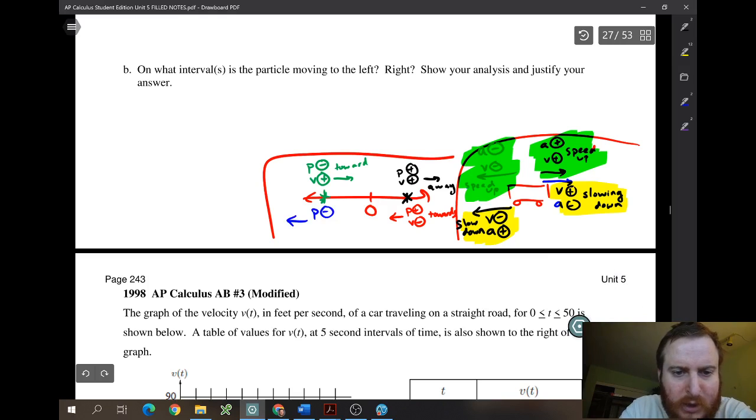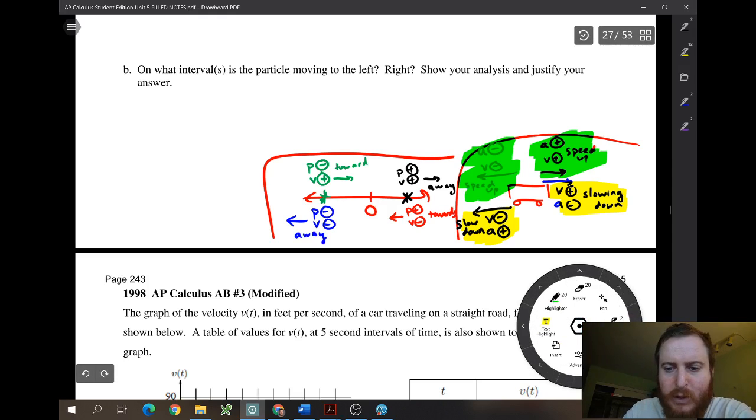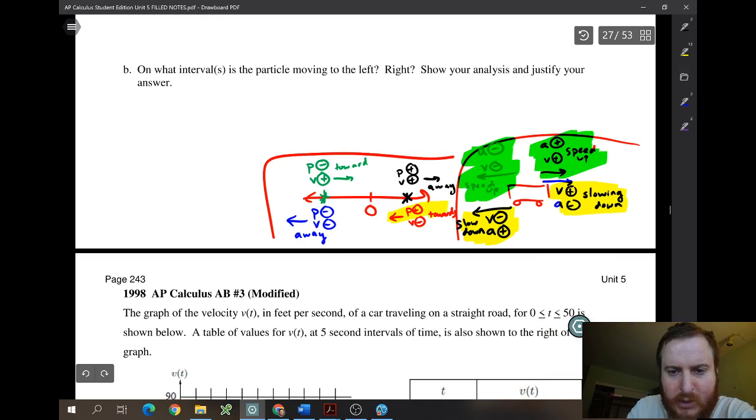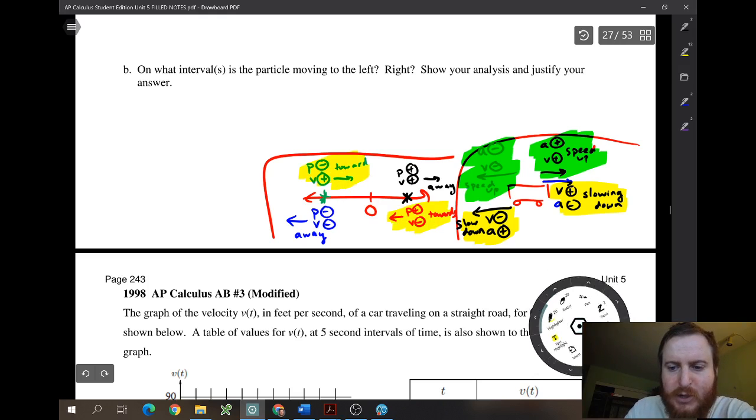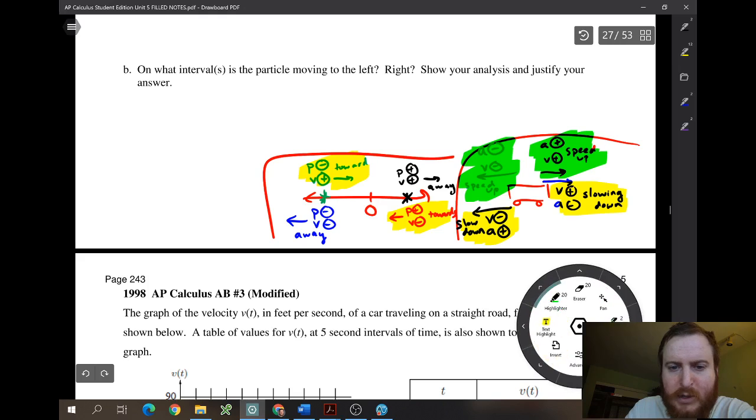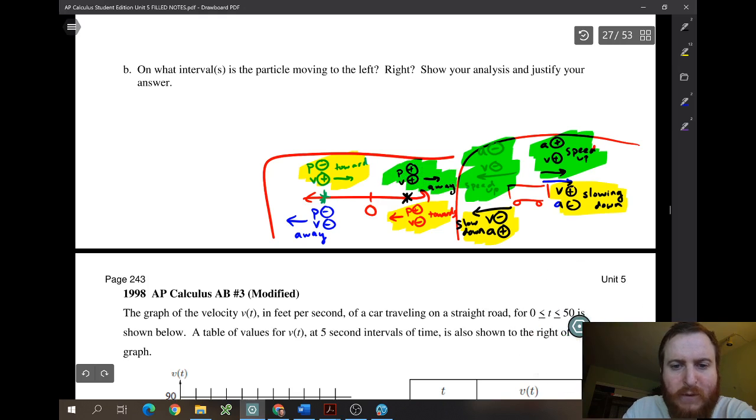But if I was going to the left, that would mean my velocity would be negative. And so I'd be going away from the origin. So we can see that this is again similar. If position and velocity have opposite signs, we're going to be going towards the origin. And if position and velocity have the same signs, then we're going to be going away from the origin.